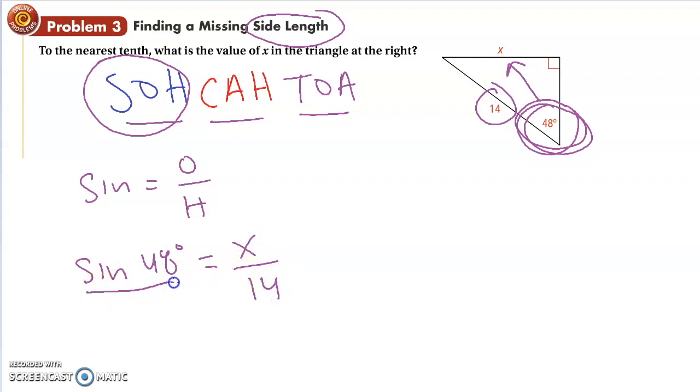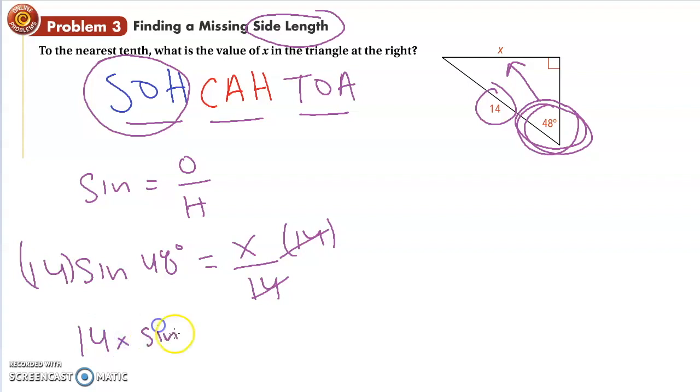Now how would we solve for this? Well, we can go ahead and use butterfly method, or just regular algebra would probably work too. If I wanted to get x by itself, I multiply both sides by 14. And with a calculator, I type in 14 times sine 48.